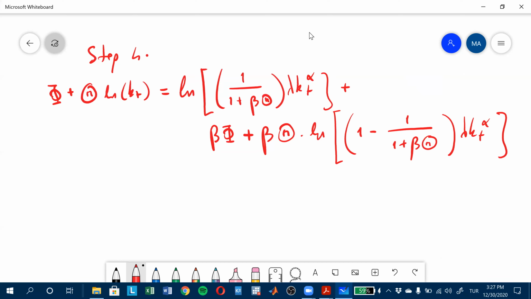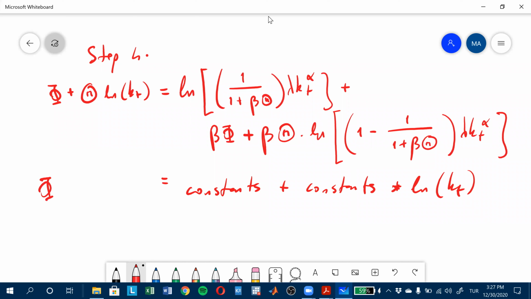So now what you are looking for is this. I have 3 minutes, so I'm gonna leave the rest to you. You're gonna find constants here, and some other constants here times ln K_t.